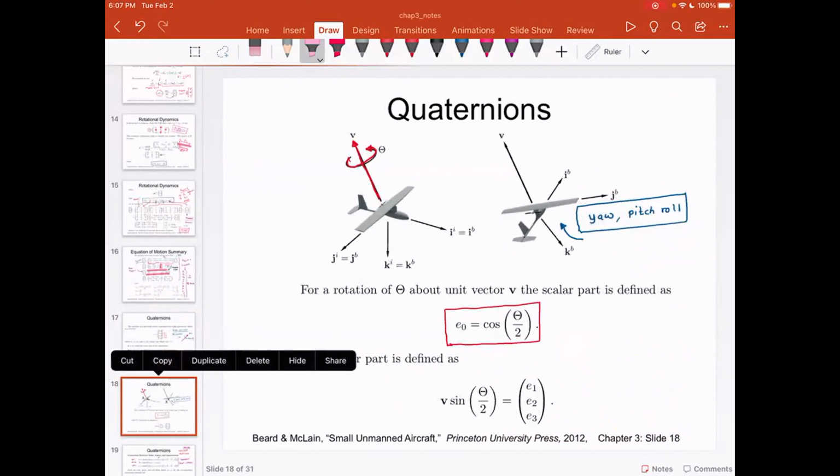Now, we talked about this in last class. So we have an aircraft. Aircraft orientation can be represented as a yaw orientation change, followed by a pitch orientation change, followed by a roll orientation change.